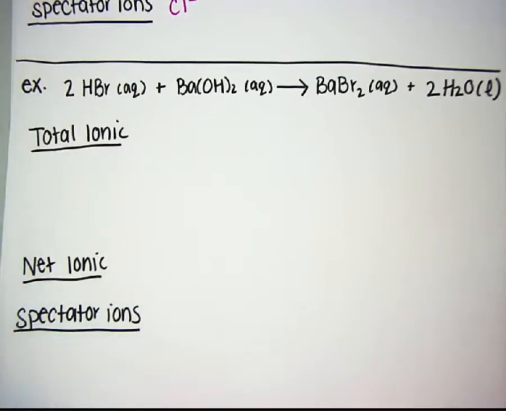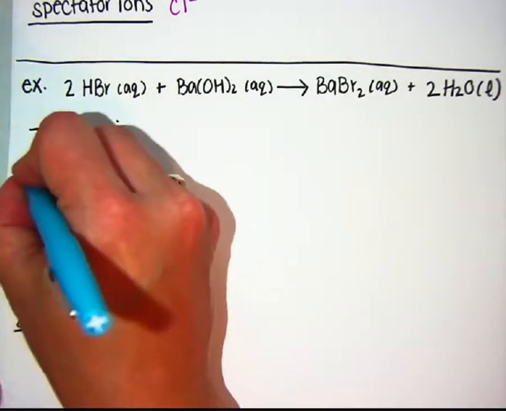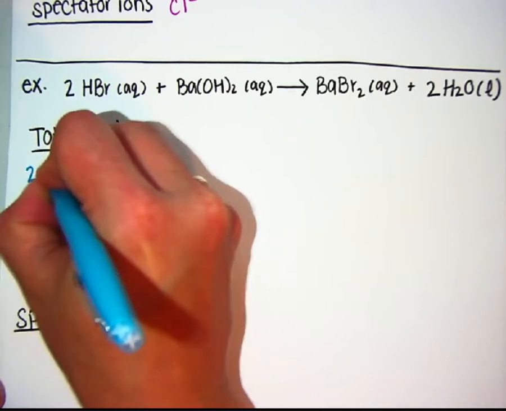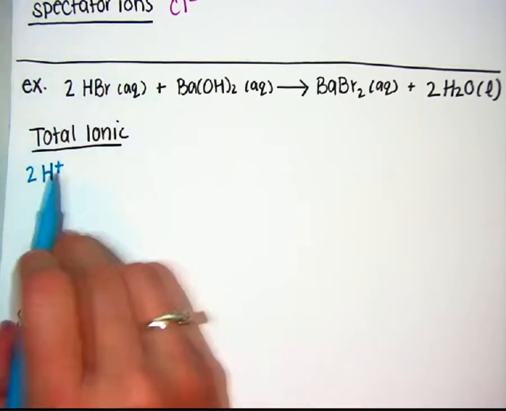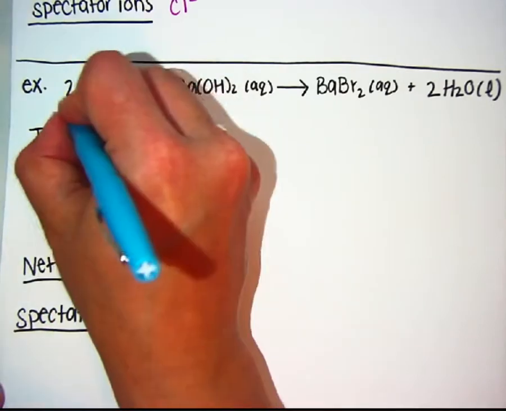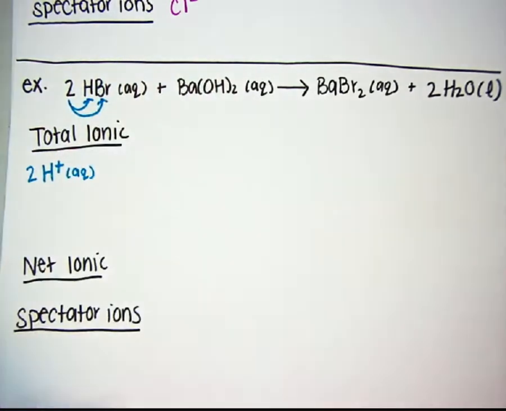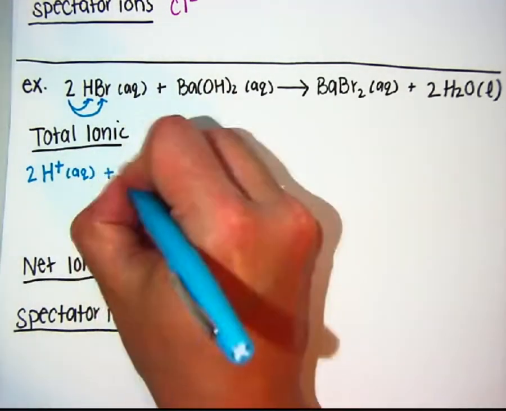Compounds that are aqueous will dissociate. I have 2 hydrogens, and ionic compounds dissociate into its individual ions, and ions have charge. Again, that coefficient goes to every ion in the ionic compound, so I also have 2 bromides.